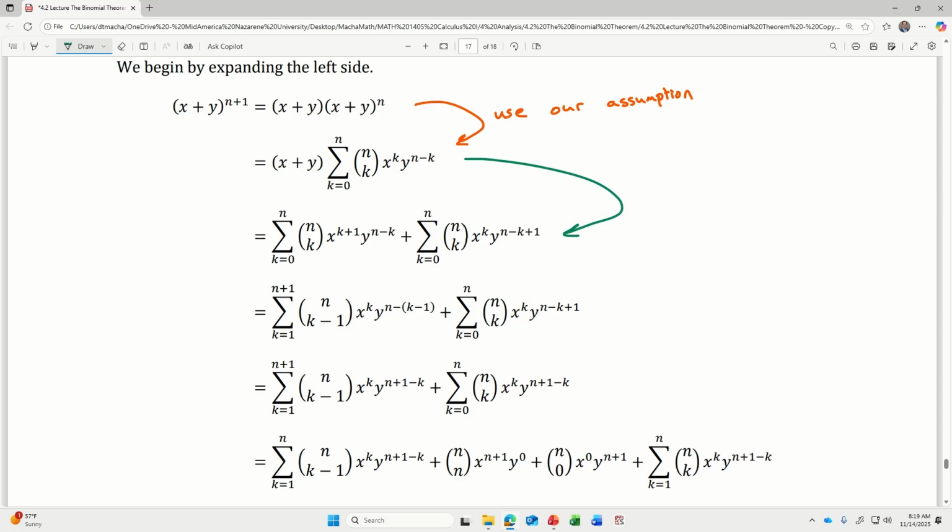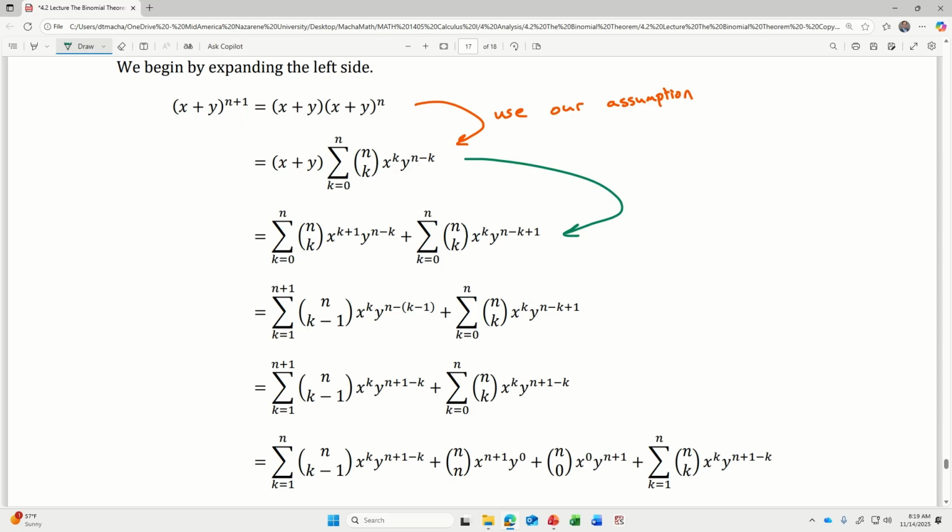So then, Avery, what's happening in this green step? How do I go from this line to this line? I think they did like the big sigma for the first x plus y. Mm-hmm. So now there's 2. Well, not exactly. I'm not replacing the x plus y by a big sigma thing.